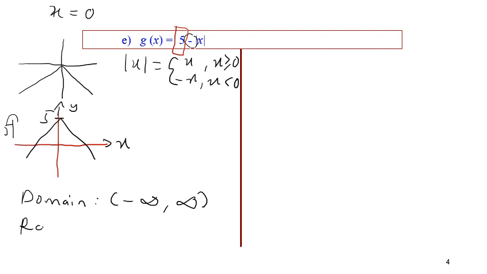And for range, since now we have a peak at 5, so remember the quadratic, the set one, this one we call it maximum, right? So here also we have maximum at 5. So before that, it must be from negative infinity, right? So this is the range for this question.